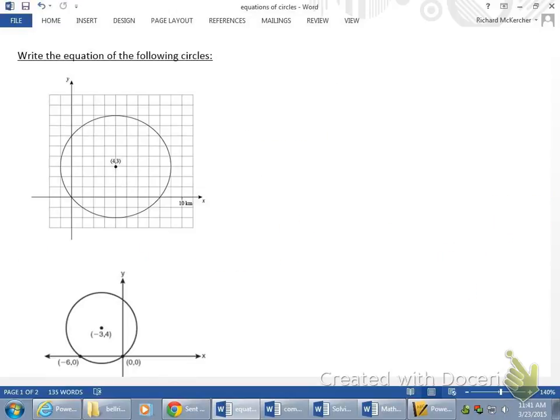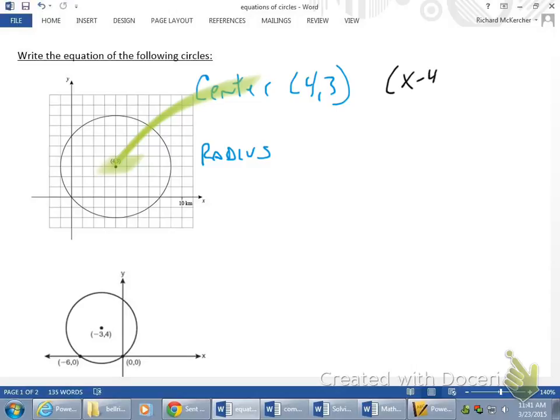Alright, a more common way to see things is to get an equation like this. This one I hope it's clear to see. You need the center and the radius for everything. Well, the center I hope is super obvious to you. It's 0, 3. And the radius, we're going to have to think about. Well, we can go ahead and start writing the equation with the center.